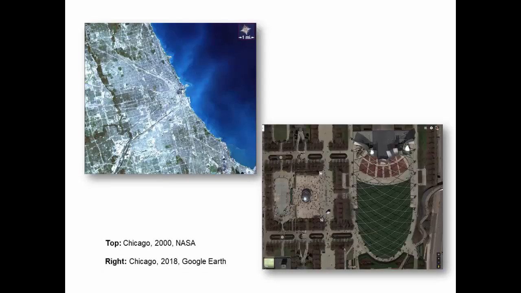Raster data contains continuous information in a grid pattern of pixels with the specificity of the information governed by the pixel resolution. Here you see two images of Chicago at different resolutions. While they appear to be photographs, they're actually not.